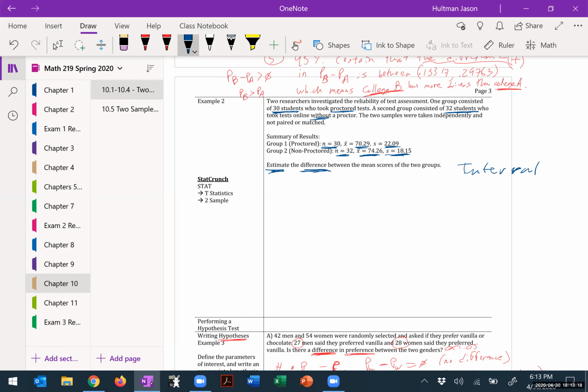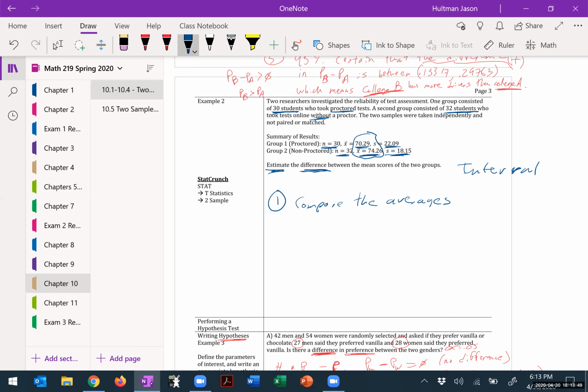Flip the page. We are looking for how the two groups behaved, right? We're comparing the means. We want to compare the averages. Now, we can see that the average went up.